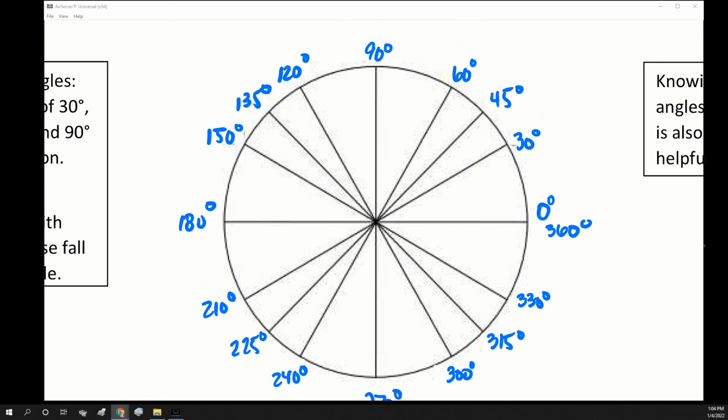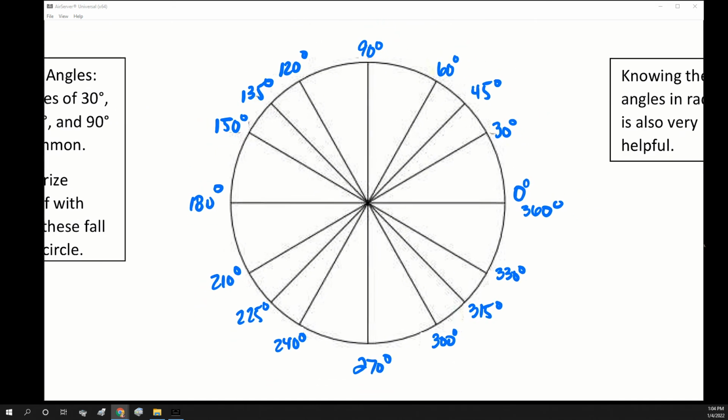Okay, so check your angles with mine. Those are the special angles, and we'll see them a lot.